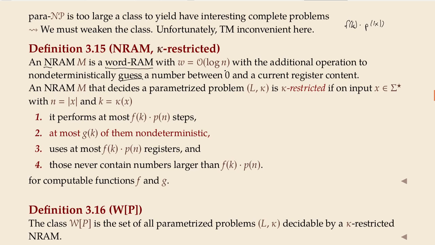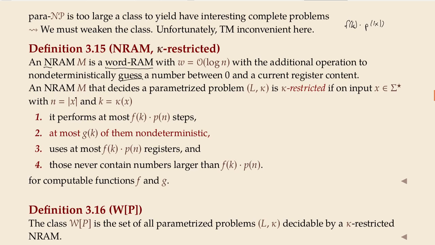And then acceptance is defined as before. If there is one non-deterministic computation, one possible computation that accepts, then the whole machine accepts this word. And if not, if all runs are non-accepting, then it doesn't accept. So this is all relatively intuitive. That's why I didn't write it down in too much detail.